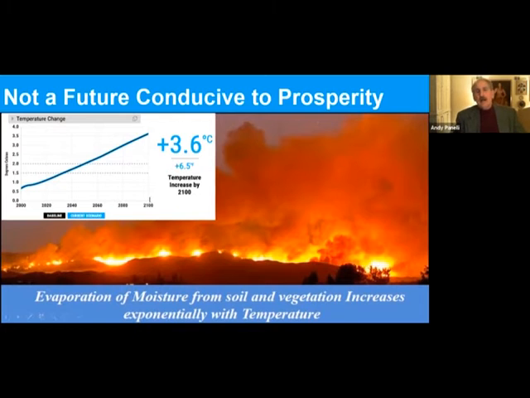I also would like to mention that the sustained temperature of the Earth hasn't been over 3 degrees centigrade in about 10 million years. The last time it was, there were crocodiles in the Arctic area of the world. So this is very unusual where we're headed, and it's not good.